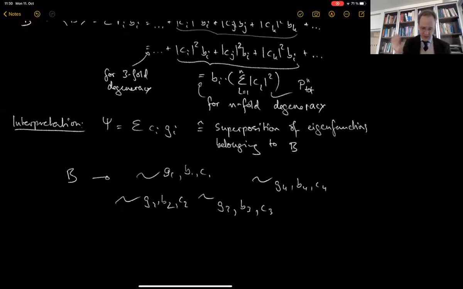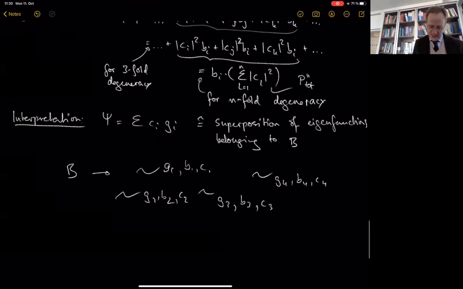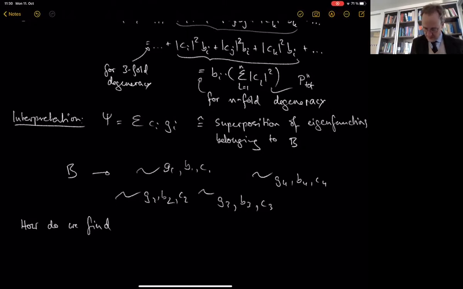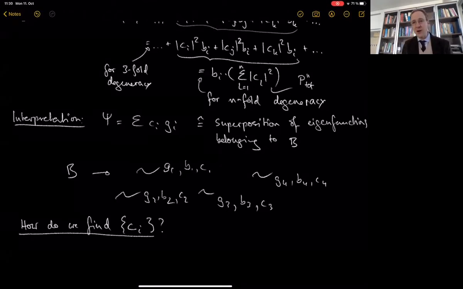Okay. Now, if these coefficients are so important, how do we find them? And now again, we are basing the answer on what we already covered.